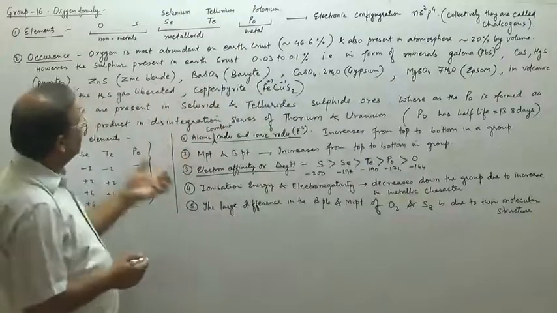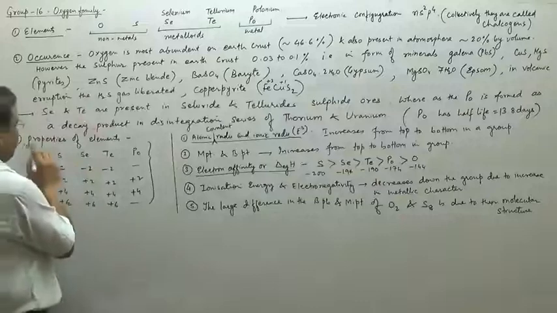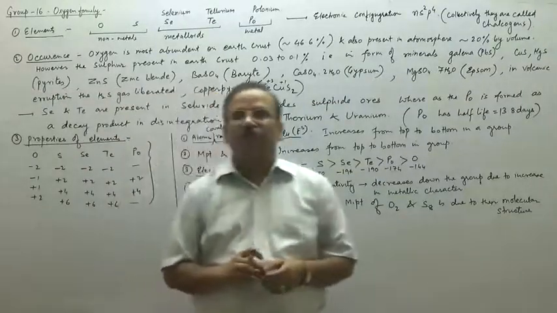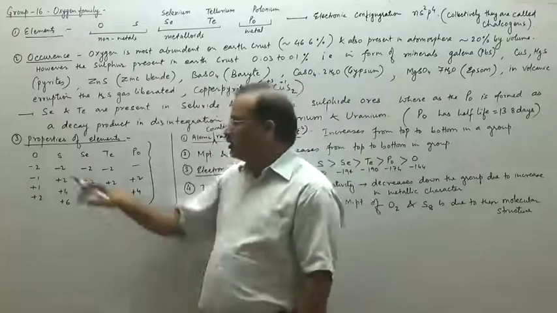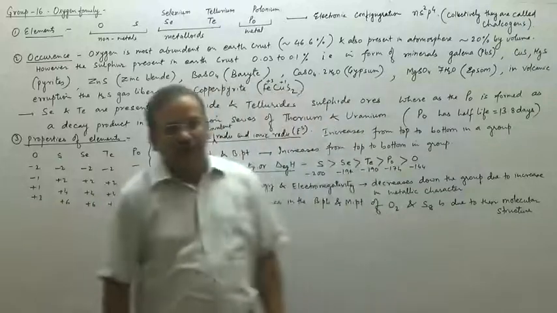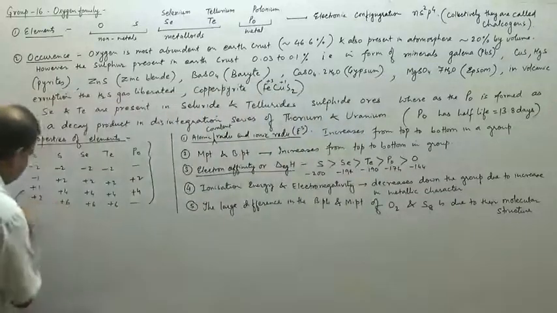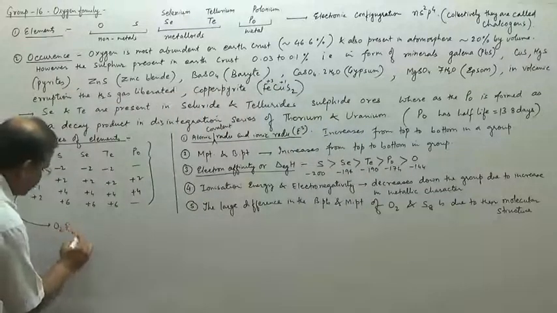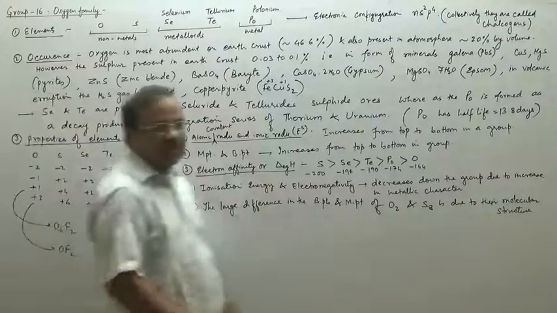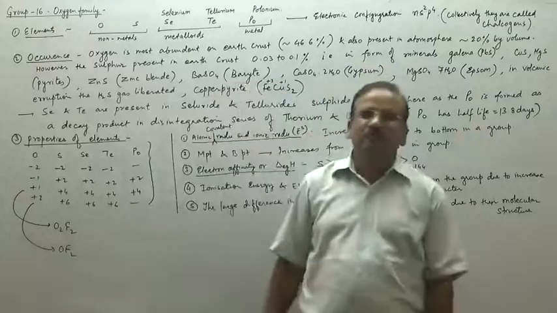So these are the properties of elements in the periodic table. We know that oxygen exists as +1 and +2 in the oxyfluorides. We already know that oxygen exists as +1 in O2F2, which is unstable, and OF2 is also existing, where oxygen has a positive oxidation state.